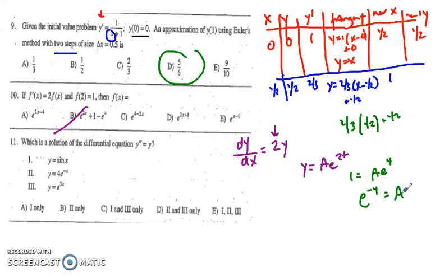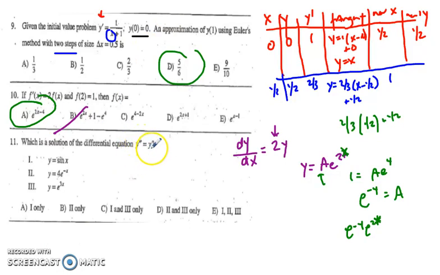So I now know that a equals e to the negative 4th, so I plug that in: I have e to the negative 4th times e to the 2t, so I should combine them to 2t minus 4, and that is going to be my answer. I'm just now looking, I don't know why I put a t in. These should all be x's because I was working with x's. So 2x minus 4.